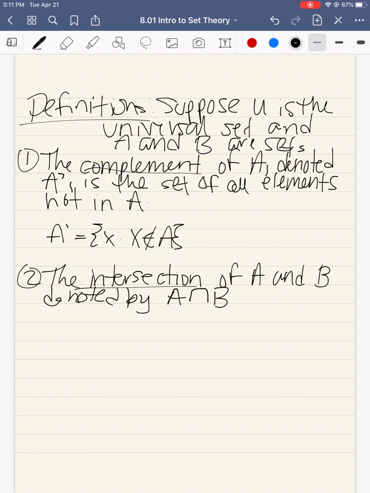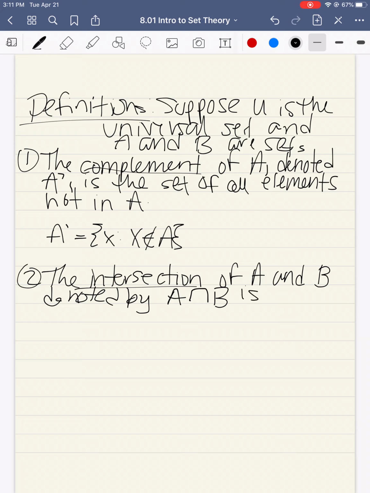This is not the "and" that we are used to seeing in logic. This is the same principle. Intersection means and, but we use this curved symbol when we are intersecting sets.